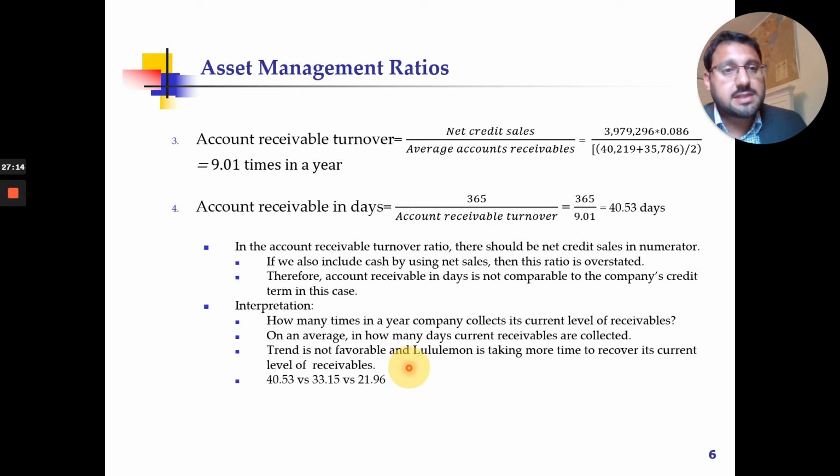Maybe this is an incentive to the customers to buy their product, and this is how they are doing the expansion and generating more net revenues, which is one of the strategies of the company. They want to have the expansion. This is the expansion strategy of Lululemon.